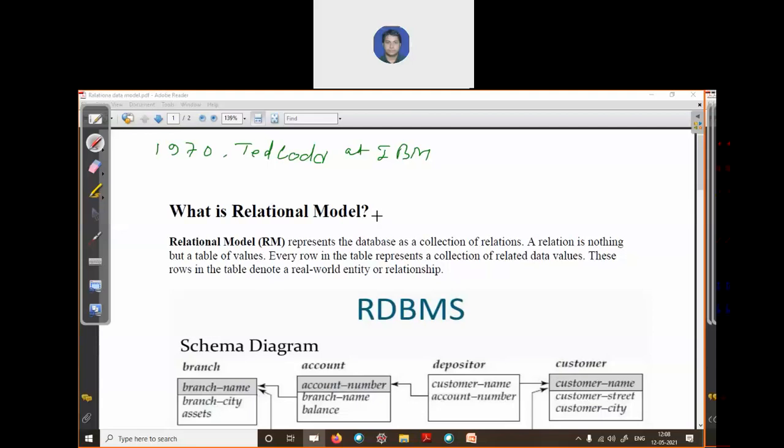Then the second point: it is based on relation, the mathematical relation. Before we started the relational data model, we saw what a relation is in mathematics. Again, I'm going back and showing you what a relation is.